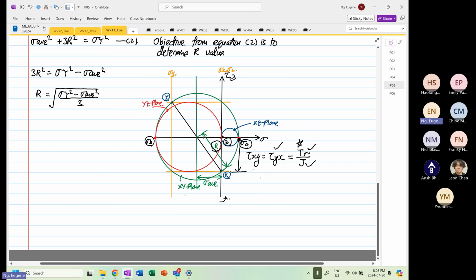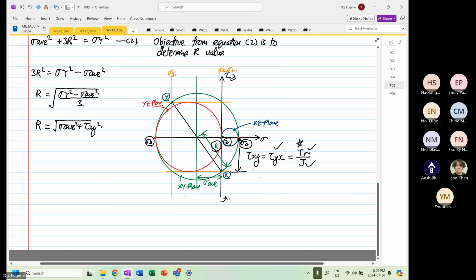By knowing our R value, we know that R is also equal to the square root of stress average squared plus shear xy squared.